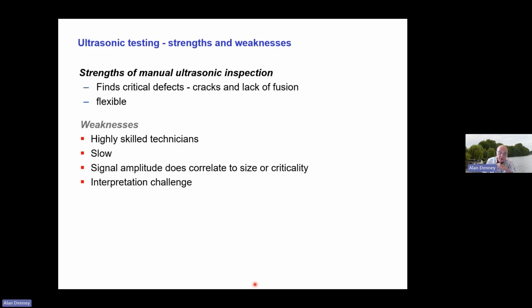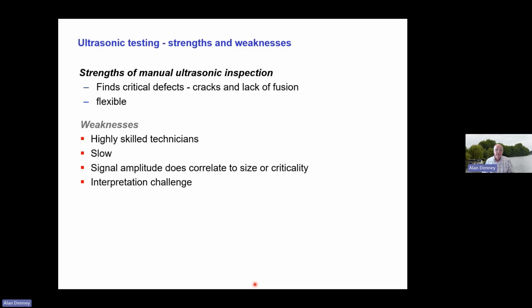It can be very slow, and if you've got a lot of defects or if there's some debate about whether something is acceptable or not, it can be very slow indeed. It's subject to a lot of interpretation, and that can cause issues if there are various people watching the UT man at work and saying, well, I don't agree that that's a benign indication.